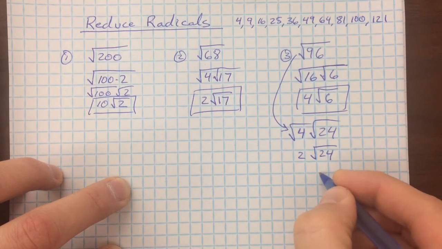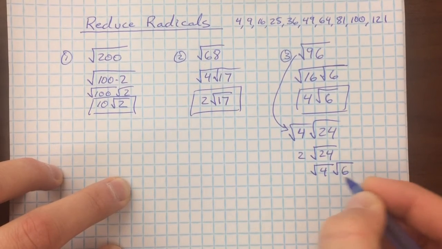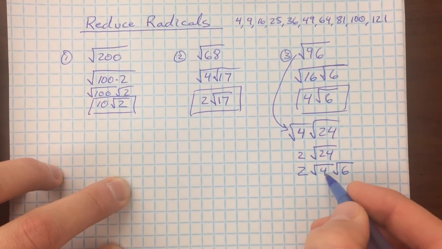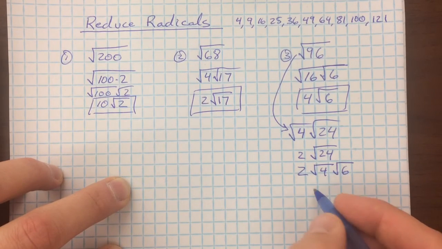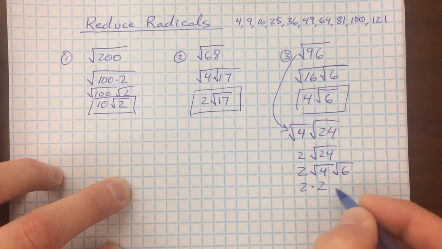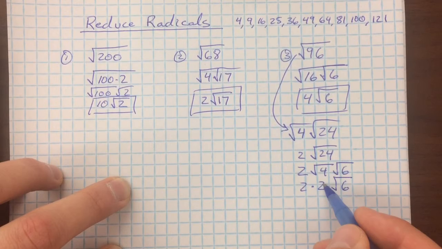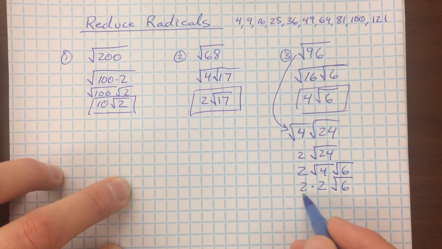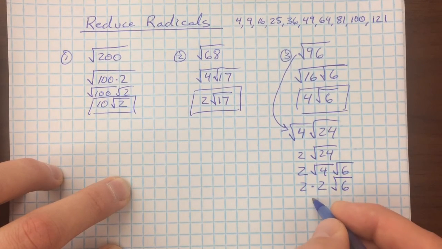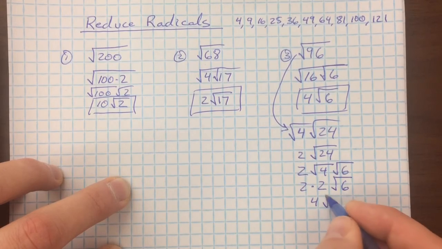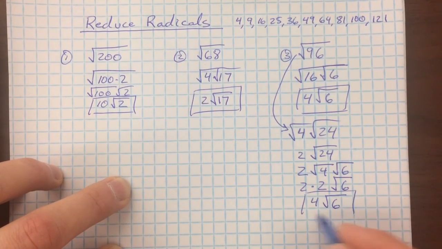Well, 24 is 4 times 6. And so I can take the square root of 4 and get 2, and then get the square root of 6 at the end. So the square root of 4 became the 2. 2 times 2 is 4, and 4 root 6 is what we're looking for.